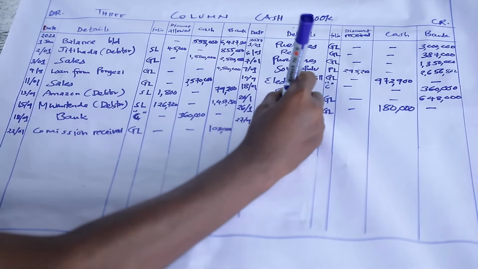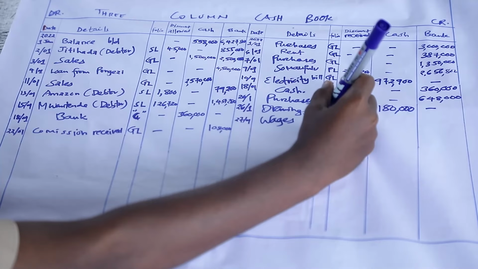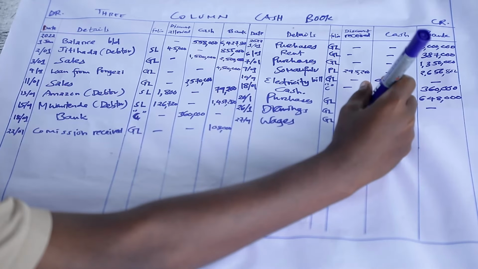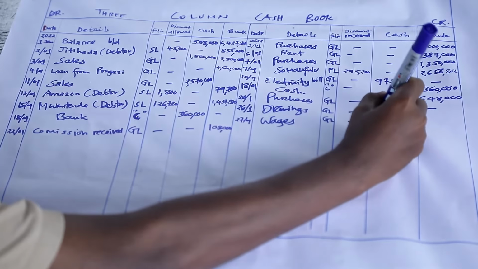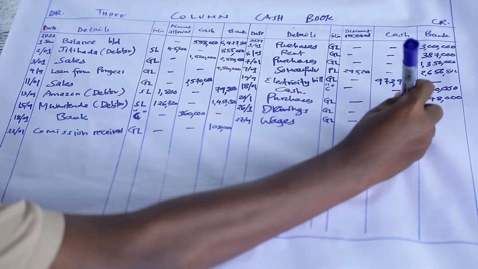Paid wages tukopanda credit maana tumetoa hela. Paid wages by cash, so 1,522,000.